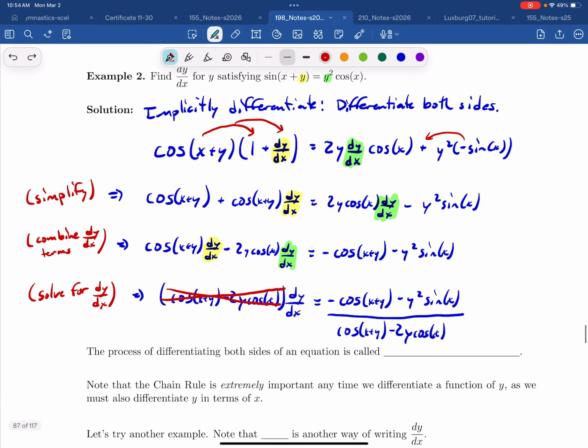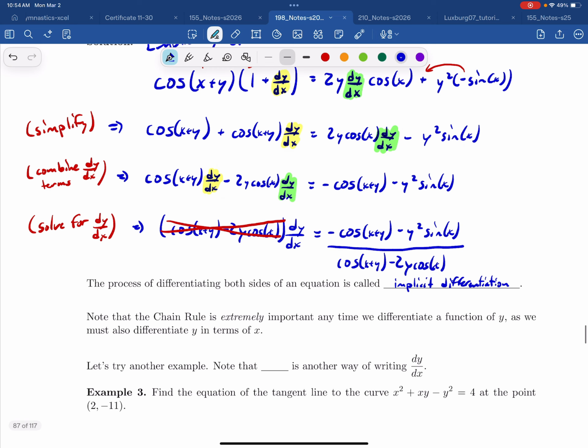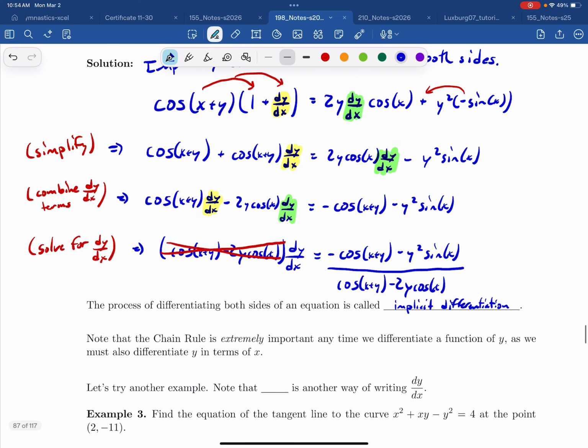Okay? Now, once again, the process of differentiating both sides of an equation is called implicit differentiation. Okay, now note that the chain rule is extremely important. When do we use the chain rule?